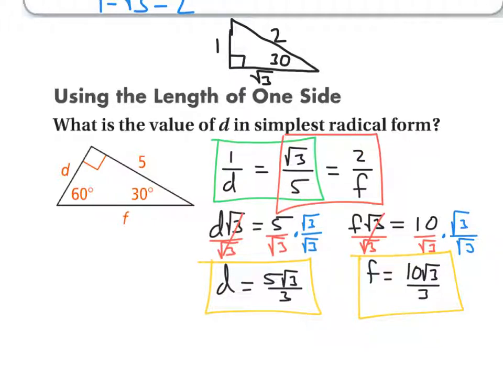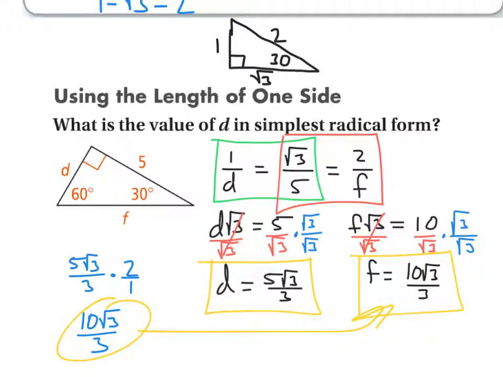But if I did, just for the sake of giggles here, say 5 square root of 3 over 3 times 2, how do I multiply a fraction times a whole number? Right, I treat the whole number like a fraction, correct? Multiply straight across the top. Gives me 10 square root of 3. Multiply straight across the bottom. Gives me 3. And that, of course, is what we got when we did the proportions. Okay?